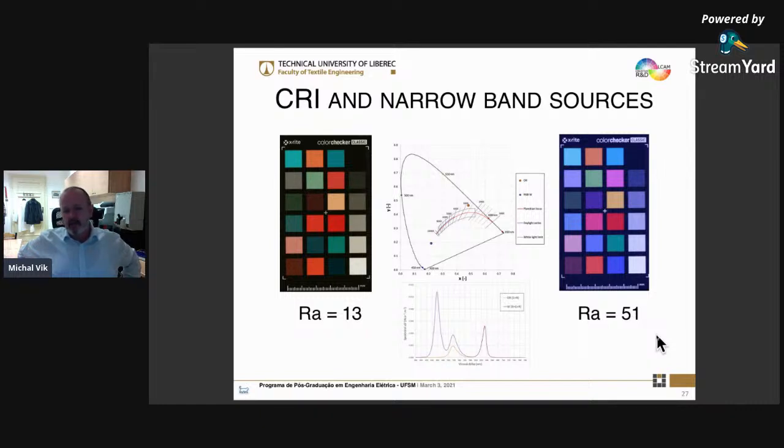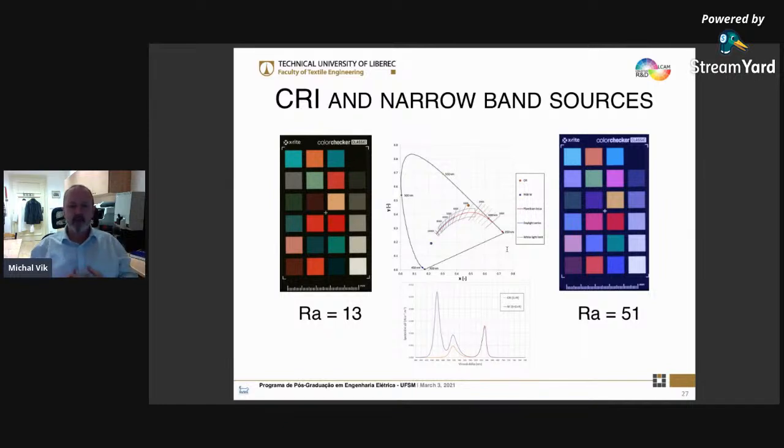On the right side, you can see another light source which has a rendering index of 51. Here you can see the difference between them, the position of these light sources. I know that these sources are outside of the recommended limit, but it is only a school example of how to understand it.